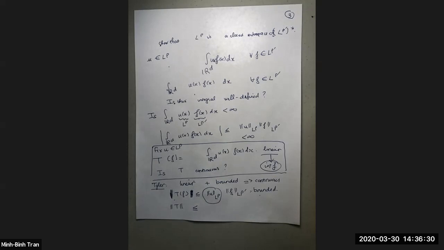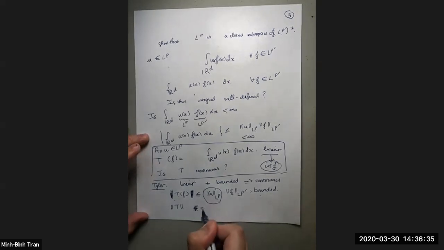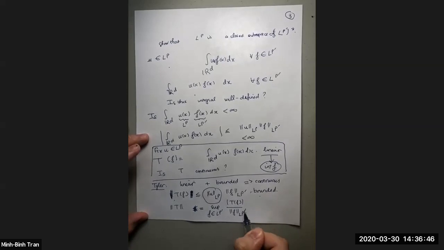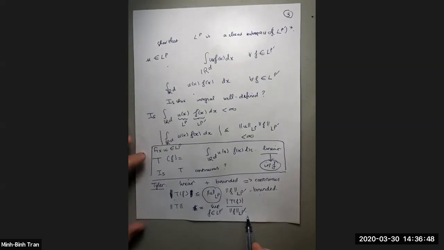You read out the definition. Right, Jonathan got it. So this is going to be the supremum over all f in L^p' of |T(f)| divided by ||f||_p'. This is how we define the norm of a linear function.